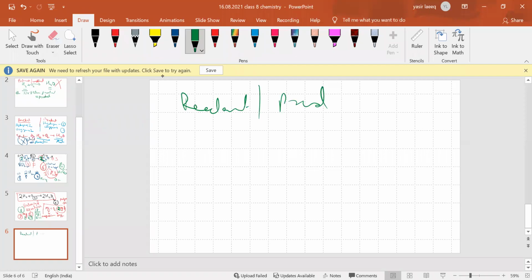Just practice it. Initially, it is required. When you get into rhythm, then there is no need of doing this. Just go through and add and subtract mentally. Is it clear?